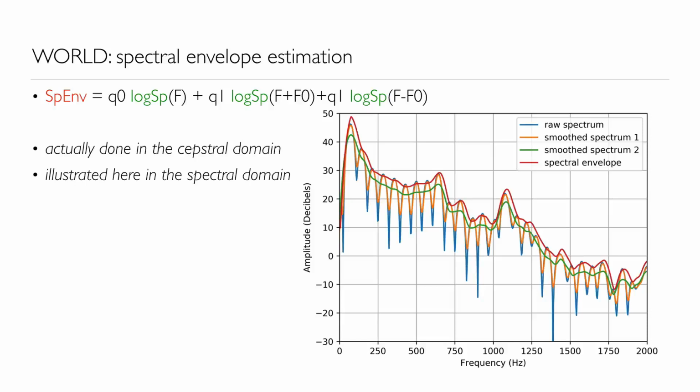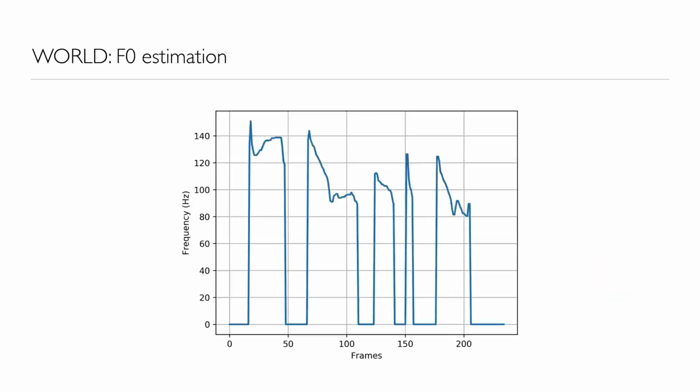Okay, so this is the first acoustic feature, the spectral envelope, and for the second feature, the fundamental frequency, we are not going too deep in the process of extracting this feature, but I would like to mention how the output looks, how this fundamental frequency curve looks.